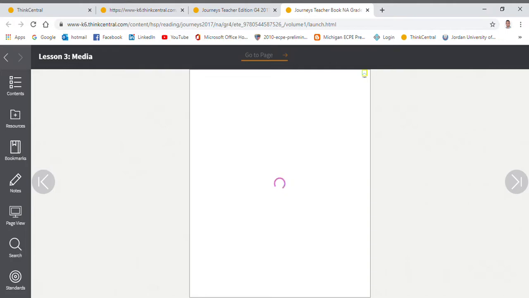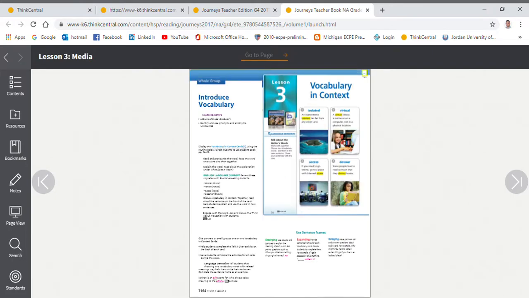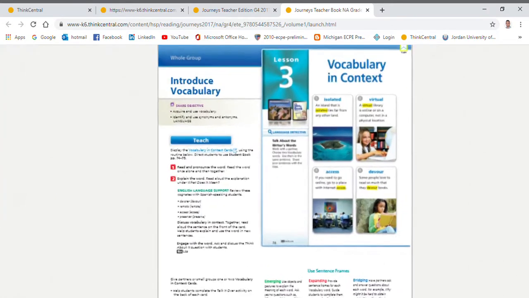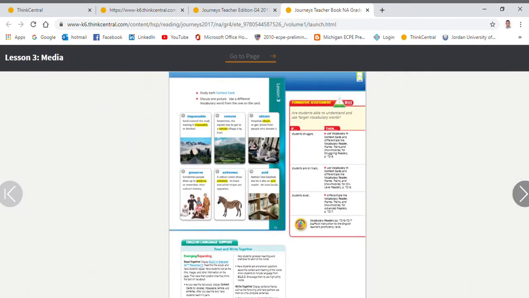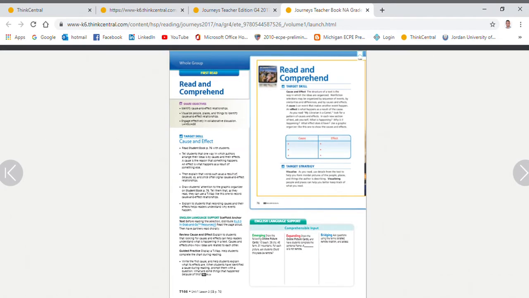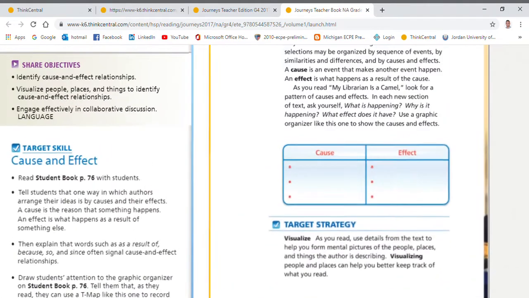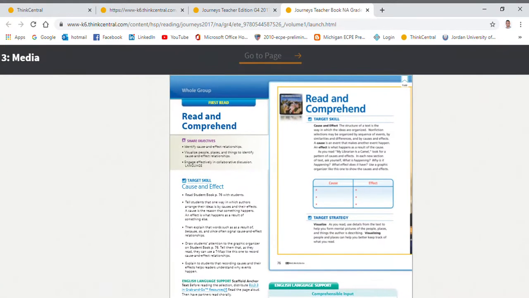Do not dig deeper in the text. I'm not going to ask you specific details about every single thing in the text. I am going to ask you about general things, because we do not care that much about the text. The genre of this text is informational text, which is My Librarian Is a Camel.